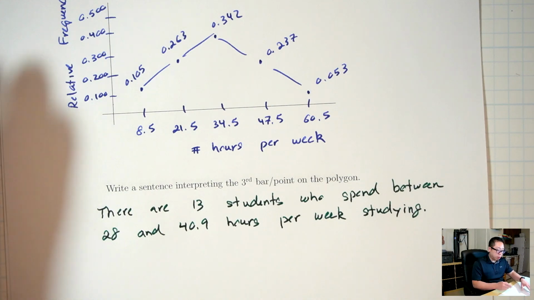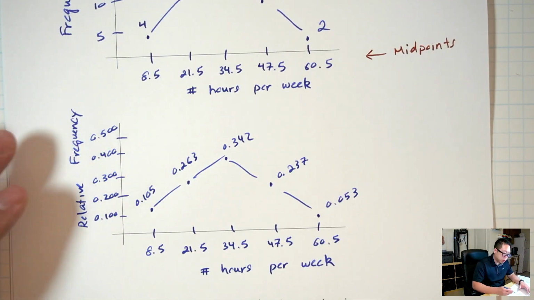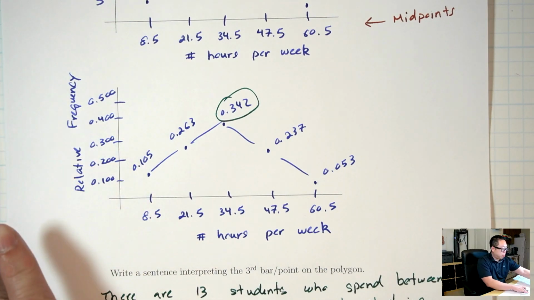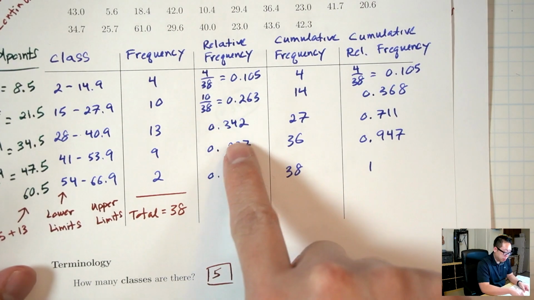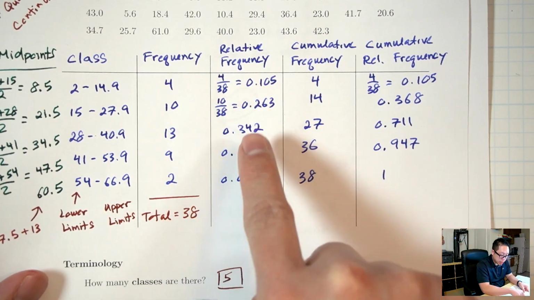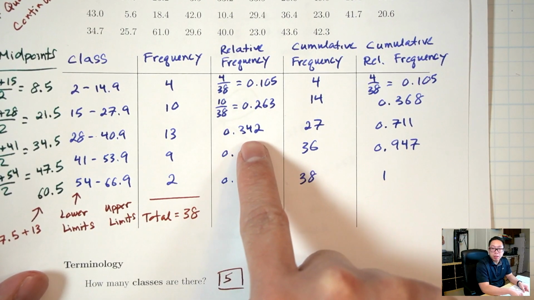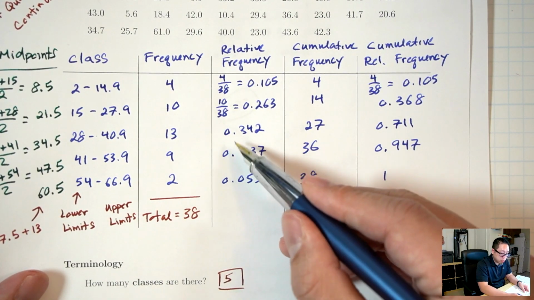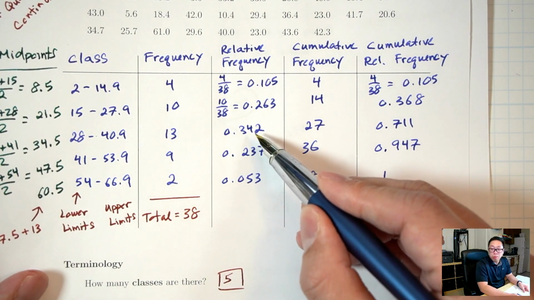Okay. The third point on my relative frequency polygon is this one, which from my table is this number. So this number, anytime you interpret a relative frequency, convert it to a percent. So convert this to a percent, move decimal 2 to the right. So that's 34.2.